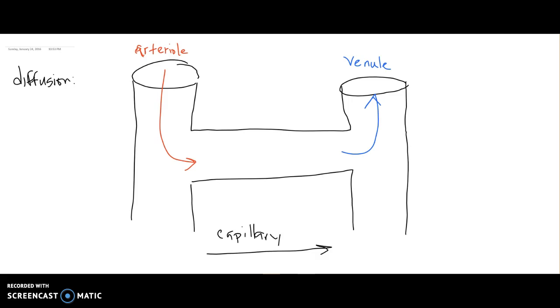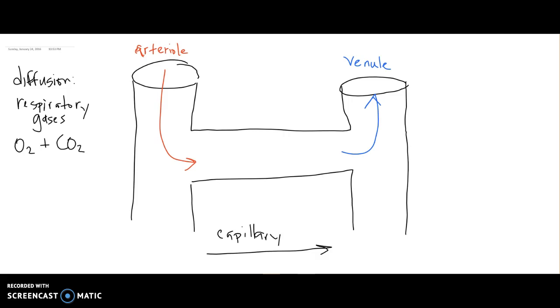The two big ones that we'll talk about are respiratory gases, O2 and CO2, oxygen and carbon dioxide. This doesn't require any kind of energy or effort, and it enables them to move across these walls without any problem.